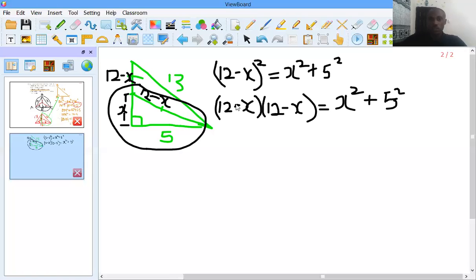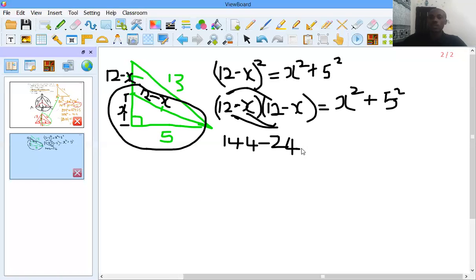So if you have this, the next thing is how do we expand? 12 times 12 is 144. Multiply 12 by minus x, that is minus 12x. Then minus x times 12 is another minus 12x, and when you add them up, that gives minus 24x.